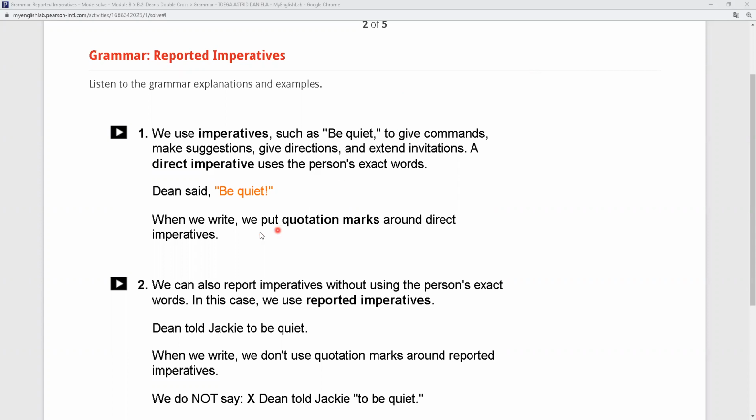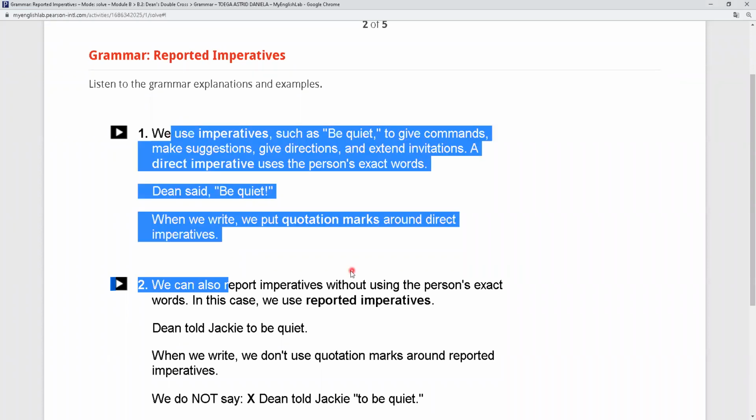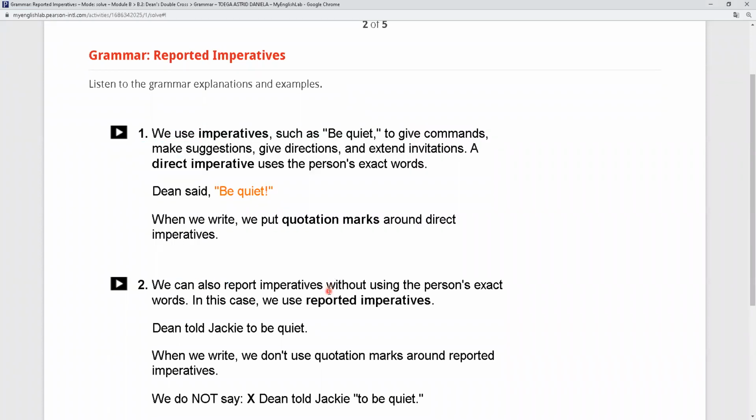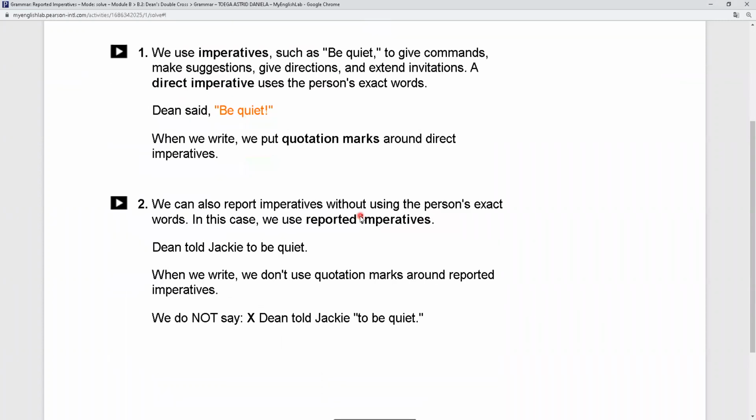That's everything about the direct imperative. Is there any question until this part? No, teacher, it's clear. Okay, thank you. So don't forget to use the comma, space, and quotation marks when writing.